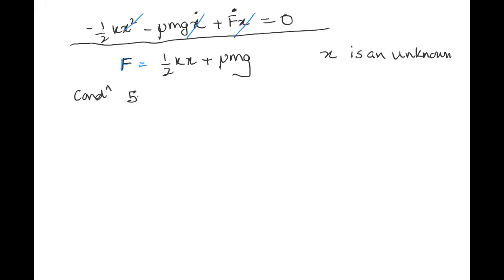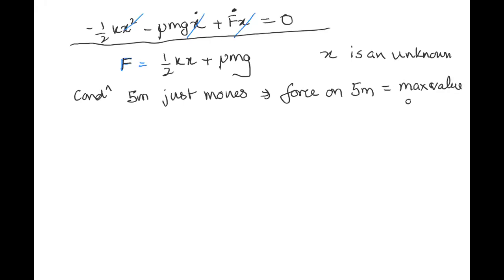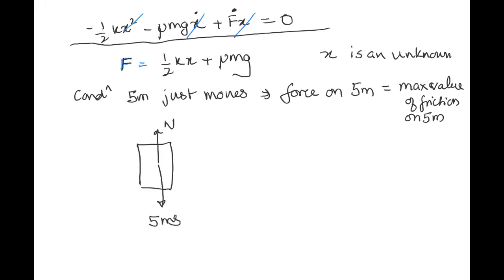Condition is that 5m just moves. This implies that force on 5m should be equal to the max value of friction on 5m. So on 5m, m is placed, mg is acting, spring force is acting and friction is acting.